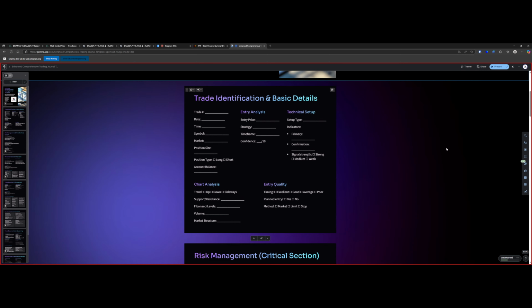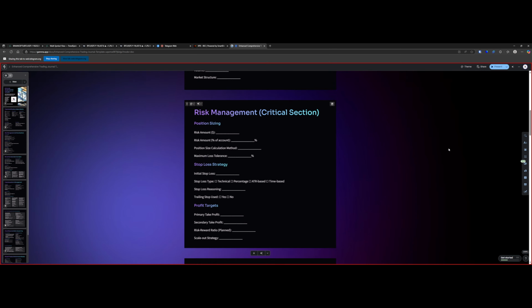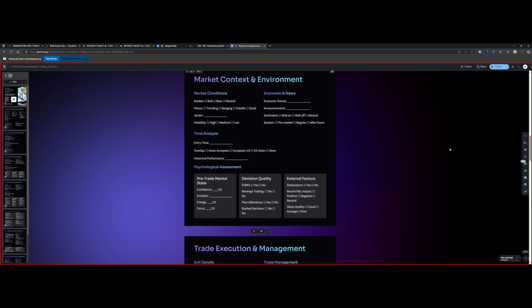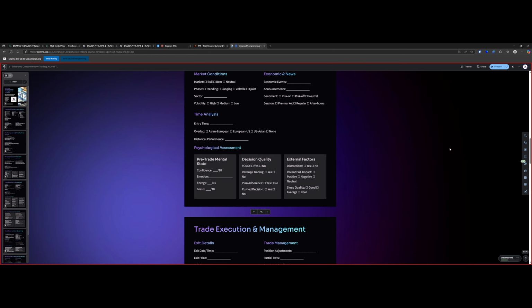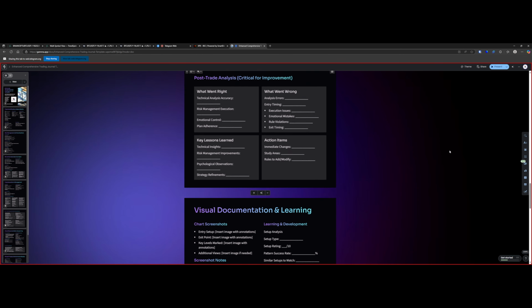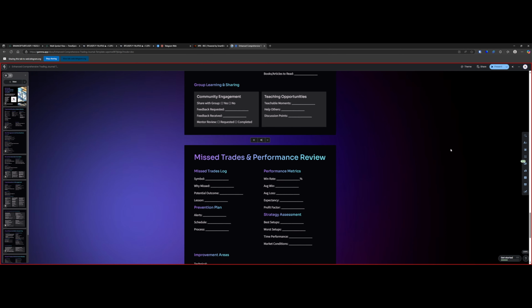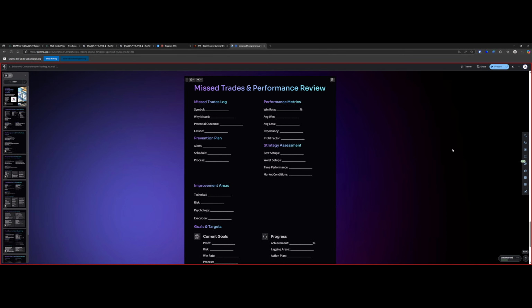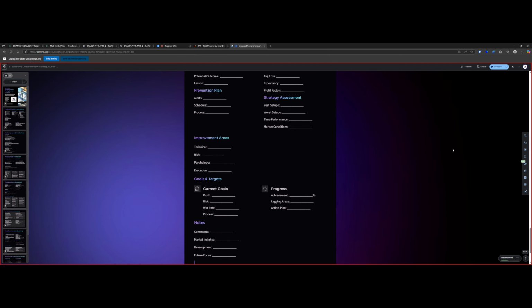It's quite detailed, and it's in PDF form. The intent is to get you to document your trades, each and every one of them, in as much detail as possible. I know this might look overwhelming, and perhaps it is in some perspectives, but try and be as diligent as you can in filling this stuff out.